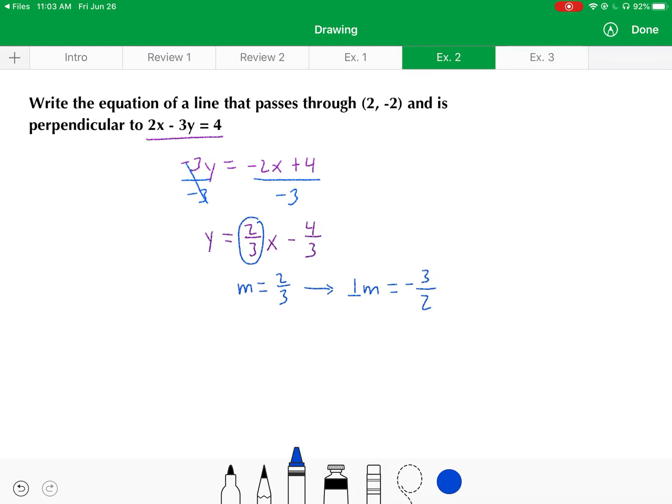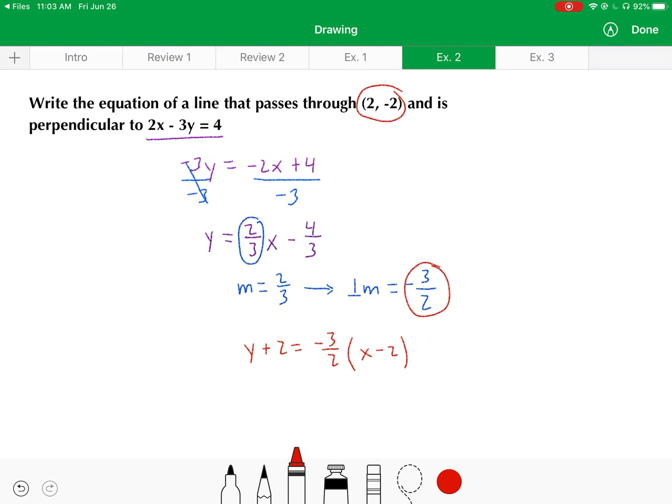Okay, so now that I know my slope and I know a point that my line is supposed to go through, I can now write an equation in point slope form for this line. It will be y plus 2 is equal to -3/2 times the quantity x minus 2. So that was using the coordinates of this point as well as this slope.